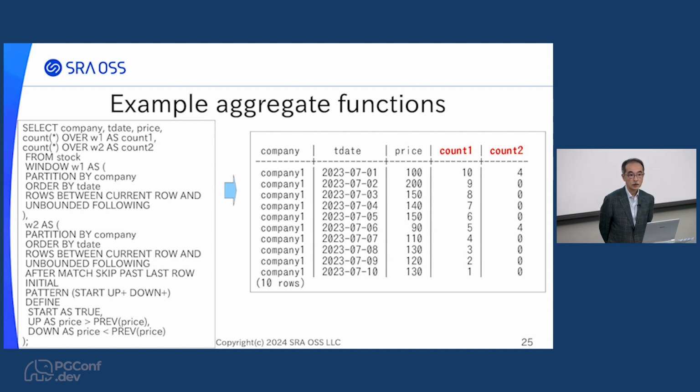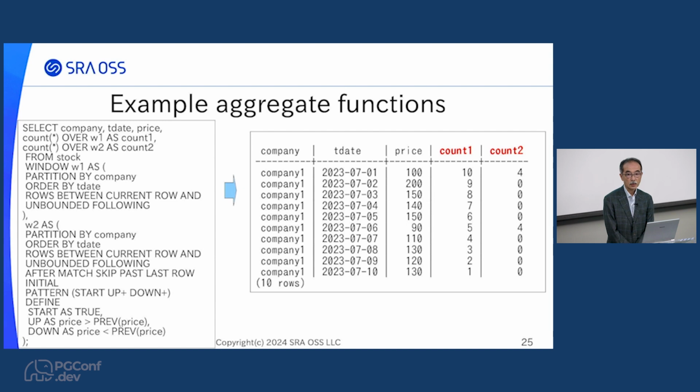On the right-hand side, we see the difference between count1 and count2. Count1 represents the number of rows in the frame. The first row, starting at July 1st, has 10 rows in the frame, so count1 returns 10. The next row, starting at July 2nd, has only 9 rows in the frame, so count1 returns 9, and so on.